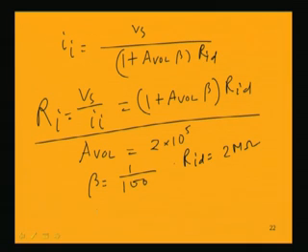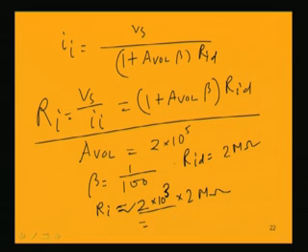Now, what will be this RI? AVOL beta becomes 2 into 10 to the power 5 into 10 to the power minus 2, plus 1. Almost this is equal to 2 into 10 to the power 3, into 2 megohm, and the 1 I am neglecting because it is very small compared to AVOL beta, which is 2 into 10 to the power 3.